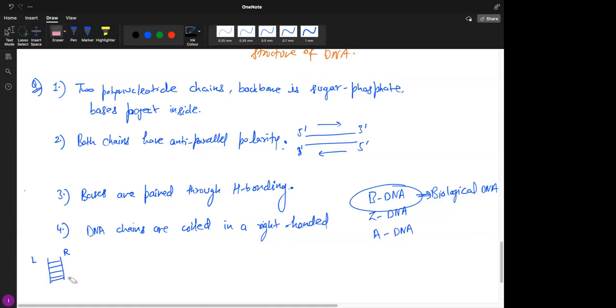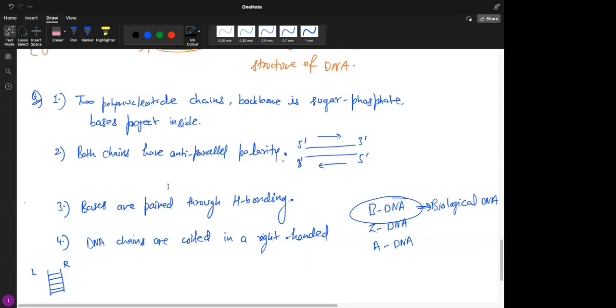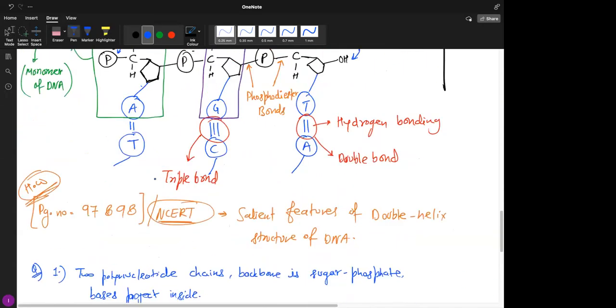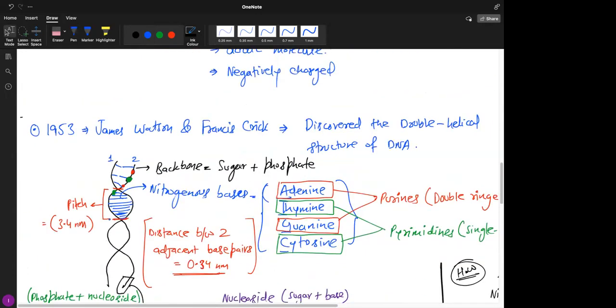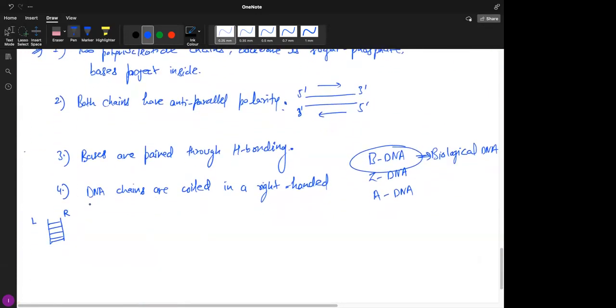Yes, sir. So if it's right coiled, it is for sure bDNA, and write down the pitch of the DNA is 3.4 nanometer. Pitch is this one turn. When you coil it, when it takes one turn, it is called a pitch. So the pitch is 3.4 nanometer.